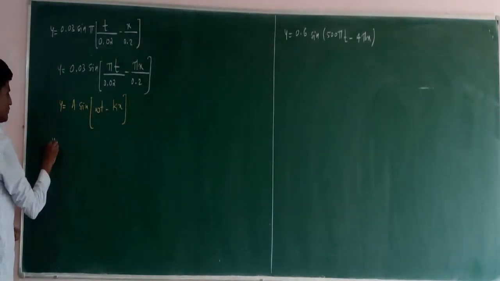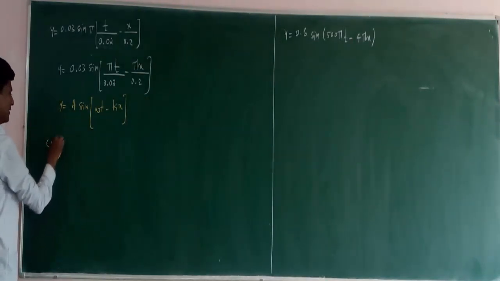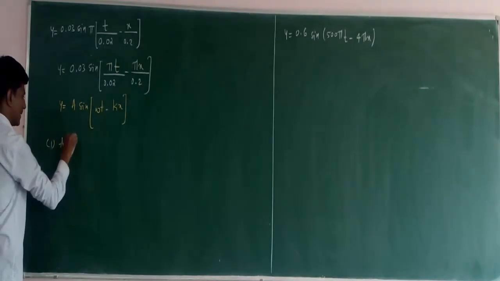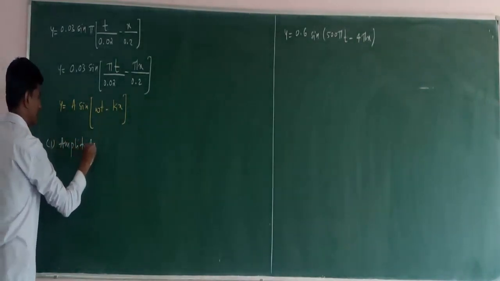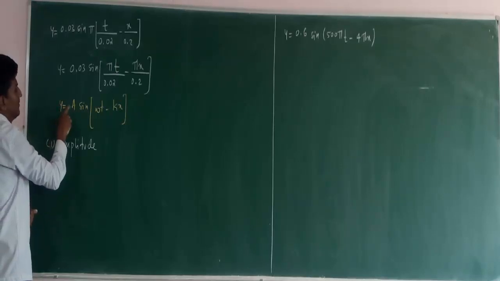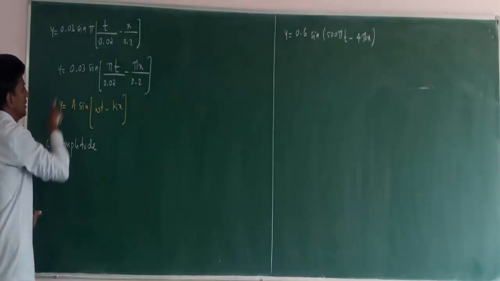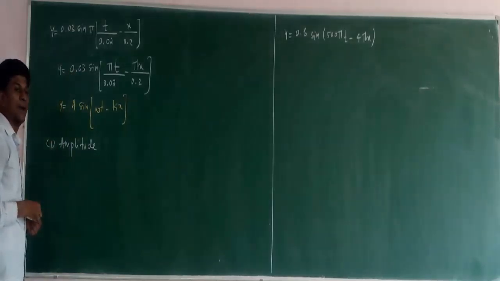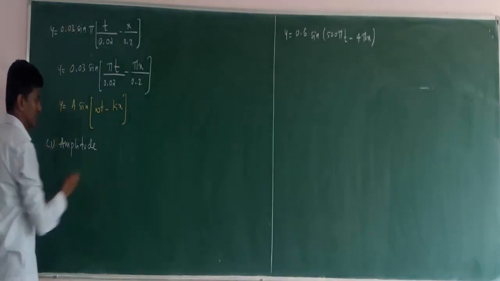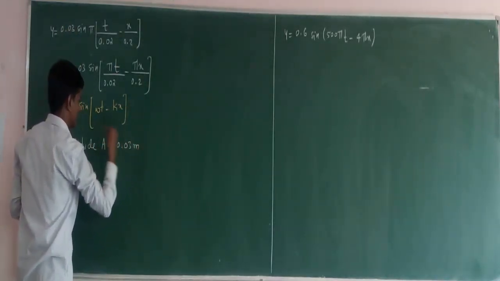So this is your standard equation of a progressive wave. Now you can calculate amplitude. Both are compared with each other. In place of a we have 0.03, so this 0.03 becomes the amplitude of this wave. It is 0.03 meter.